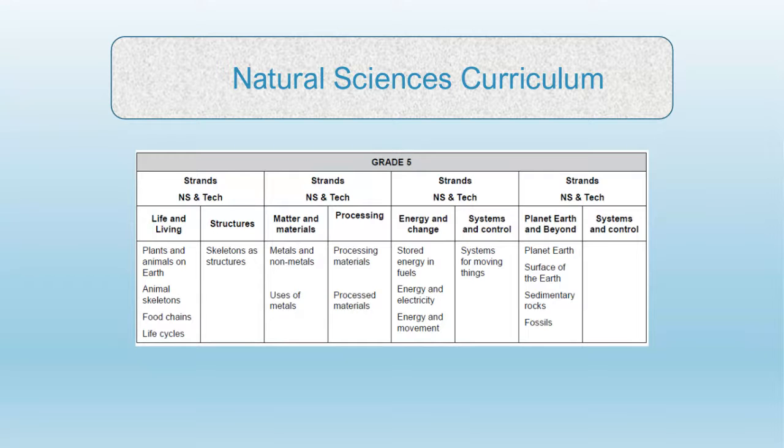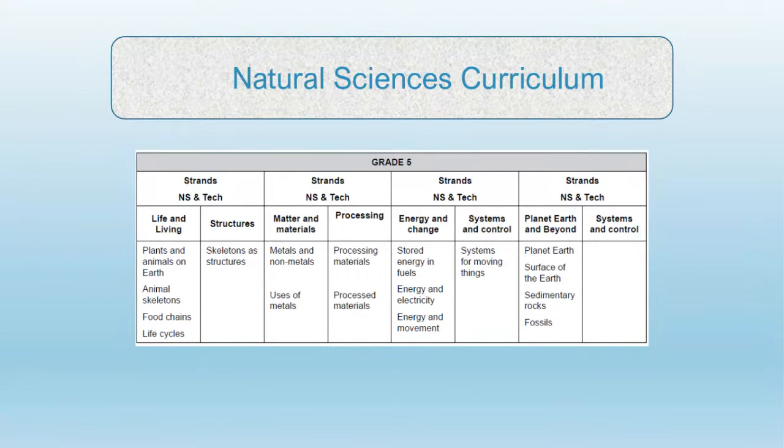They do processing materials and processed materials. Stored energy in fuels, energy and electricity, energy and movement, systems for moving things, planet Earth, the surface of the Earth, sedimentary rocks, and fossils. Those are the topics for grade 5 natural sciences.